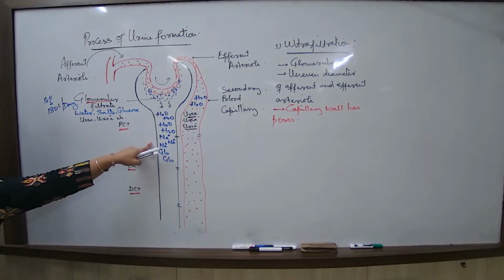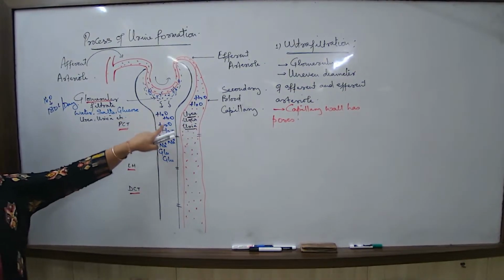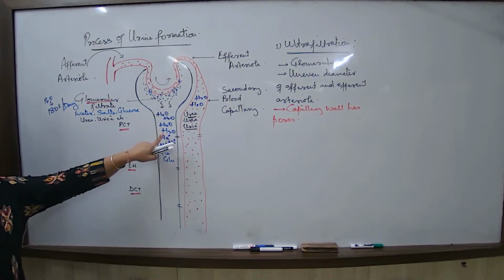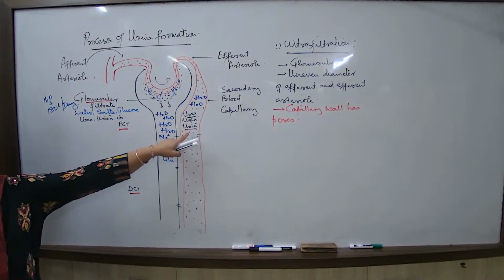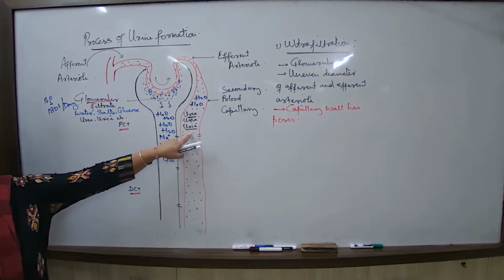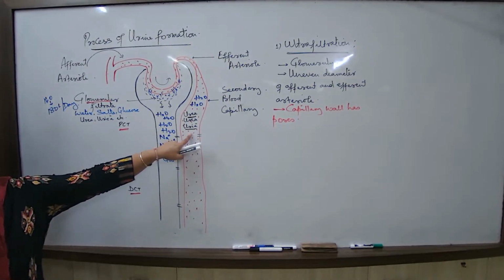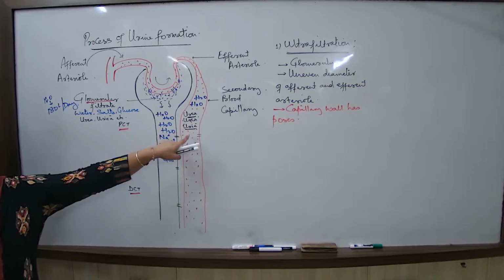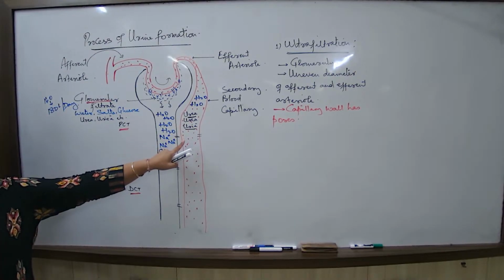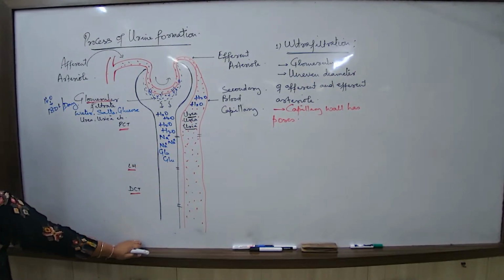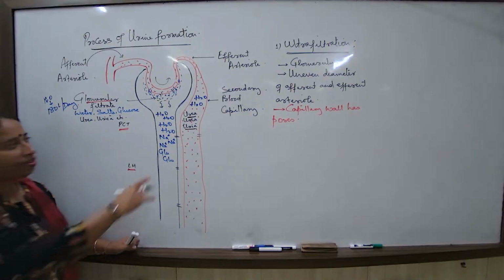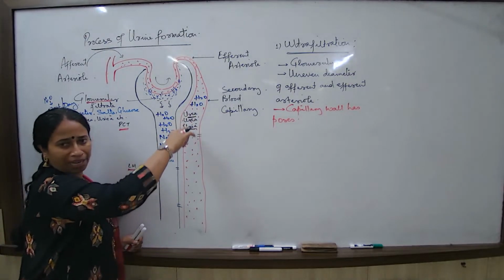But generally that does not happen because now that the glomerular filtrate is in the tubule, the composition in the surrounding blood capillary is absolutely disturbed. Can this remain for a long time? No, within a few minutes the composition of the blood has to be restored.